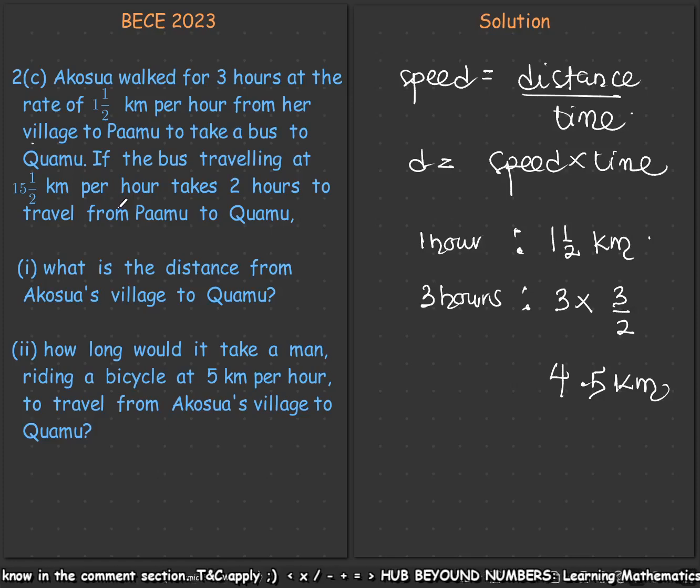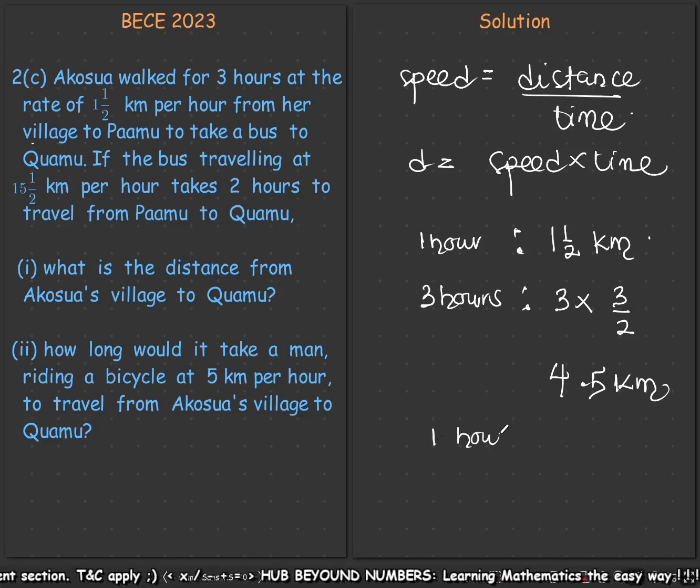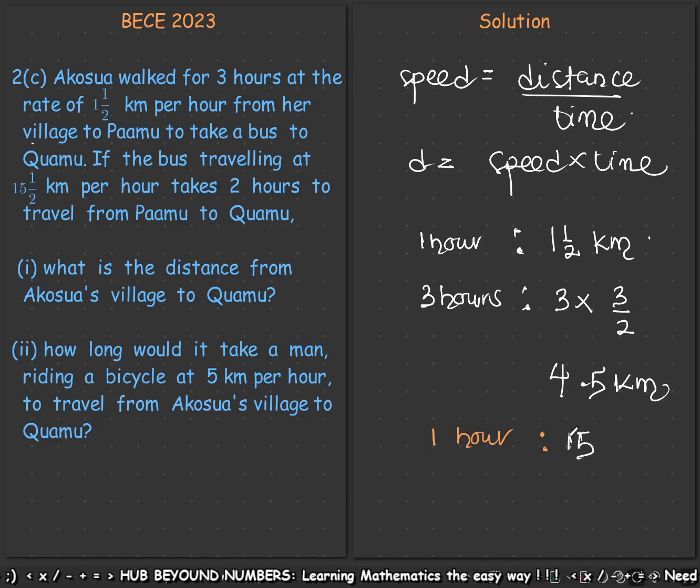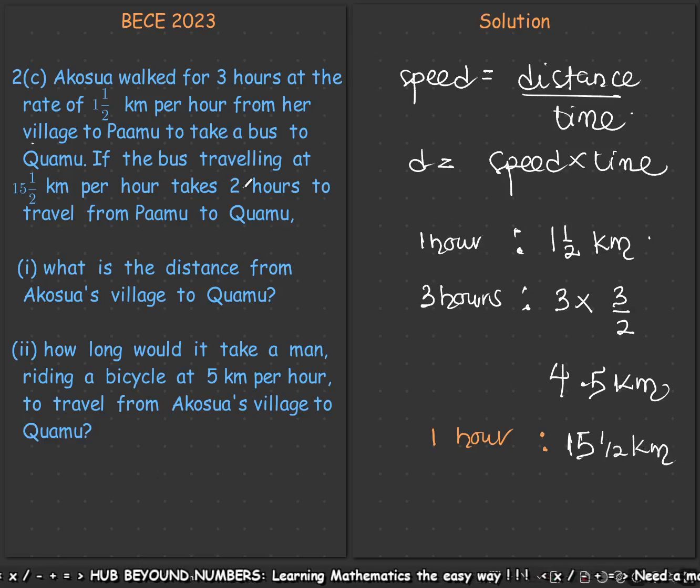Now, what of the bus? The bus continued from Paamu at a rate of 15.5 kilometers per hour. So for the bus, every 1 hour, the bus moved 15 and a half kilometers. Now, how long did they do that?